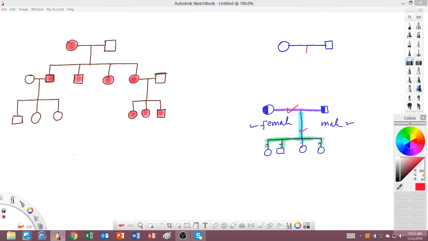What if I do this? In some cases, what does this mean? You don't know the gender of this child. We don't know if it's male or female.